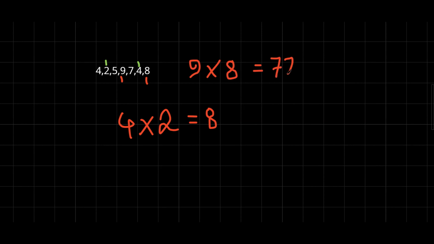Then the multiplication of 4 and 2 will be 8 and the multiplication of 9 and 8 will be 72. So the maximum product difference will be 72 minus 8, which is 64. So this is the respective output.